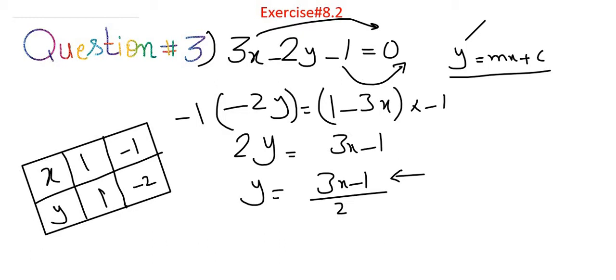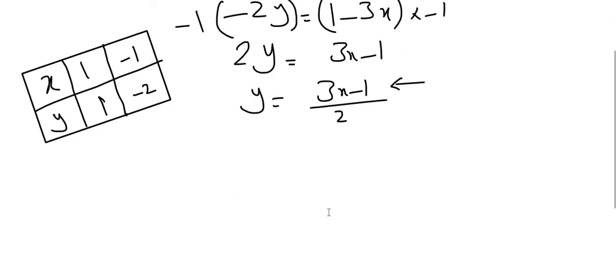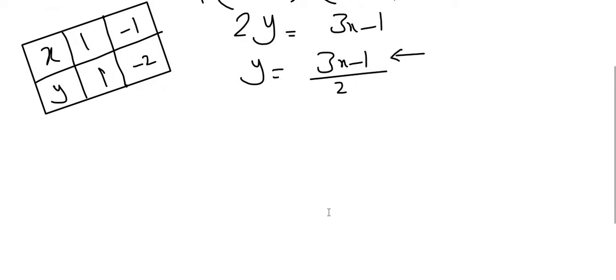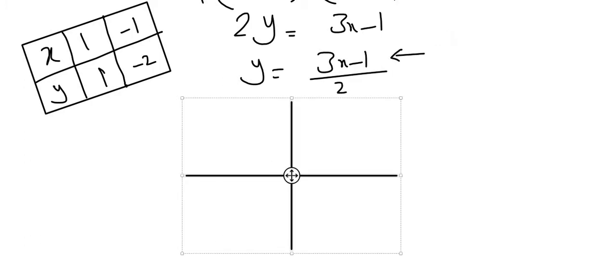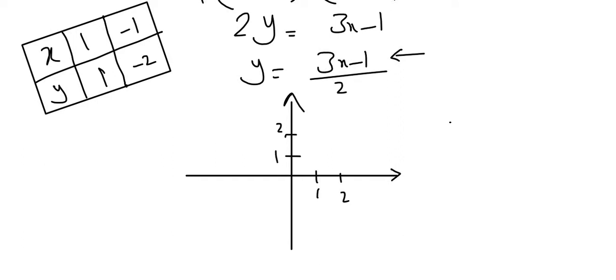Okay, now as we have to draw the graph, I am drawing the graph of this. Here is the x-axis and this is the y-axis, and it is 1, 2, and here this is 1, 2. Here x is minus 1 and here is minus 1, minus 2.